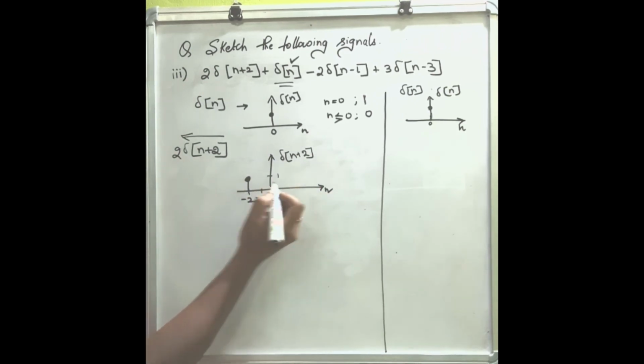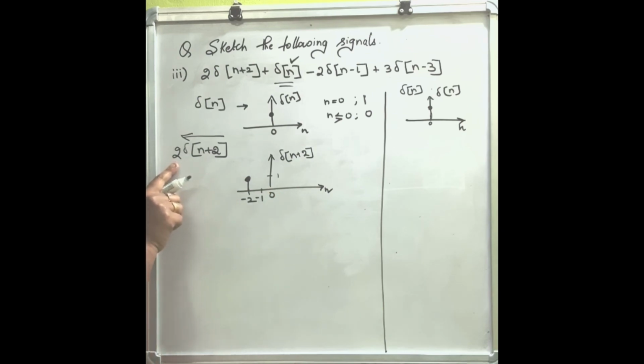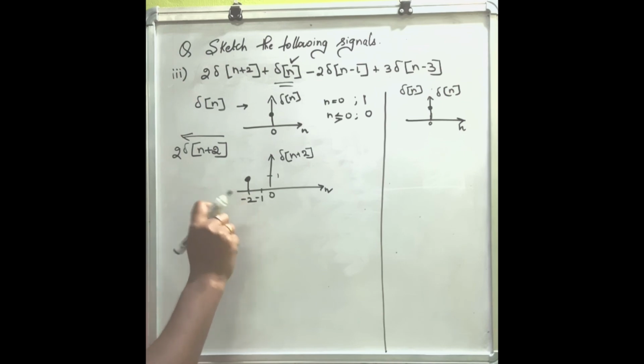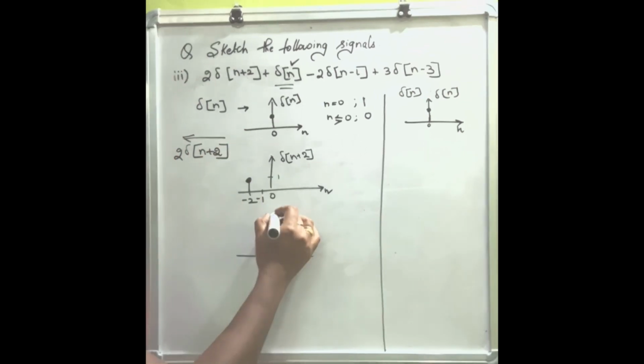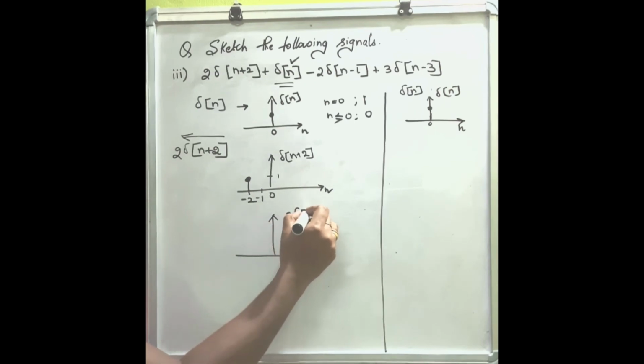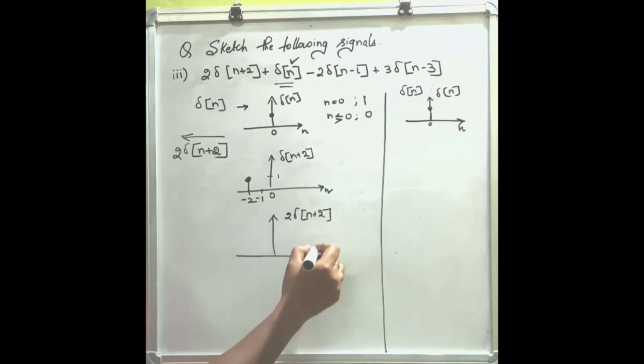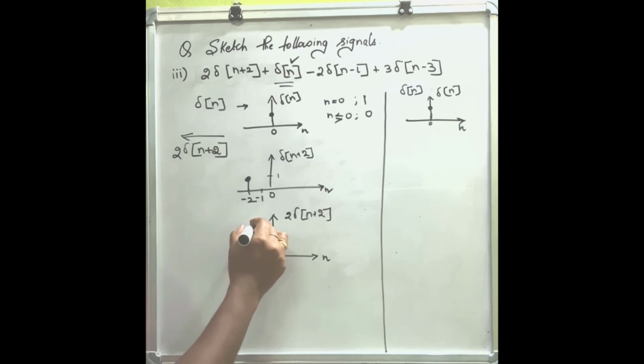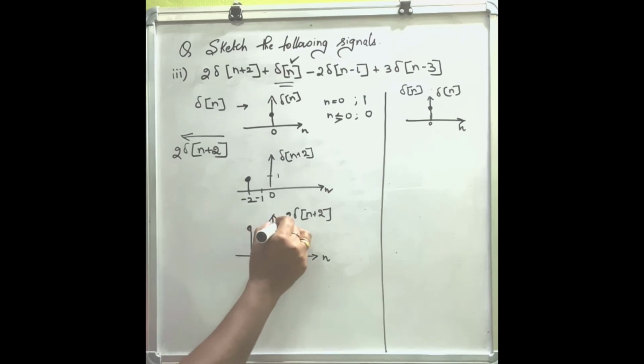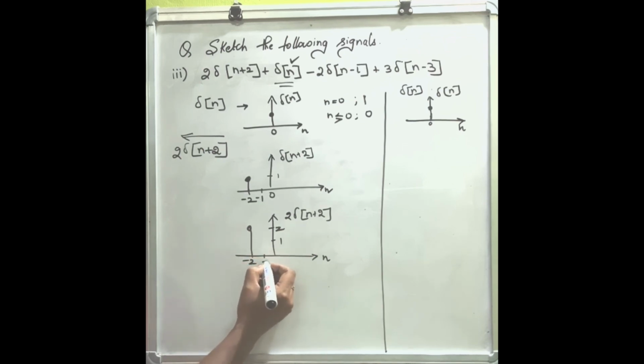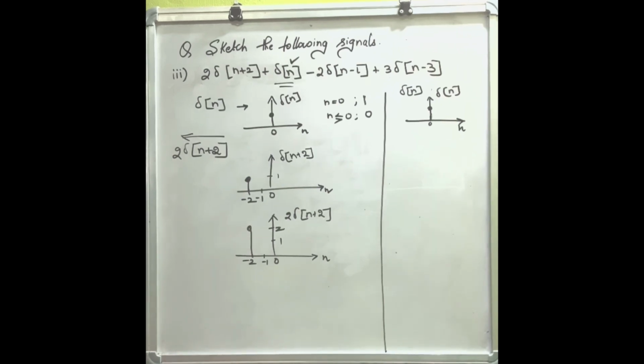They have asked you to do amplitude scaling, so the amplitude has to be multiplied by 2. So your 2 del n plus 2 is given as this, with amplitude 2 at minus 2. So you have found 2 del n plus 2.